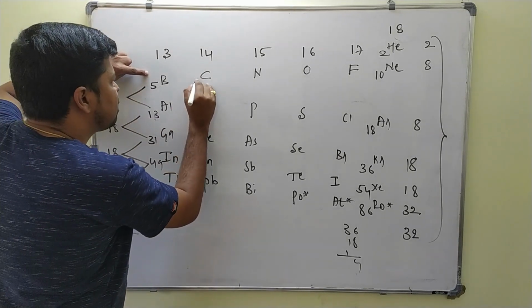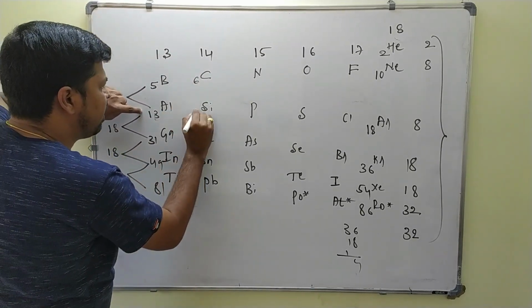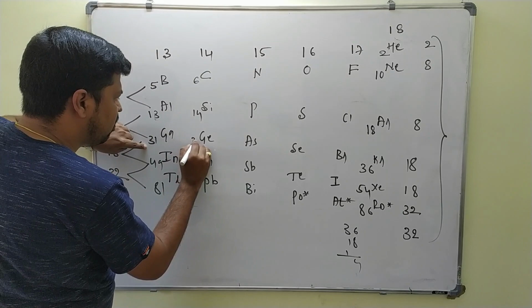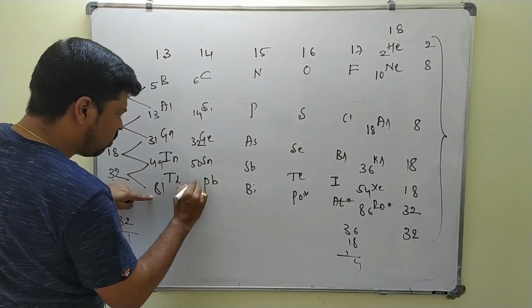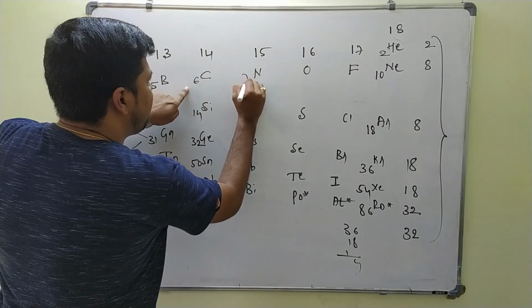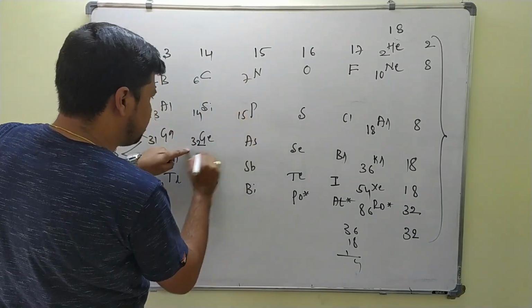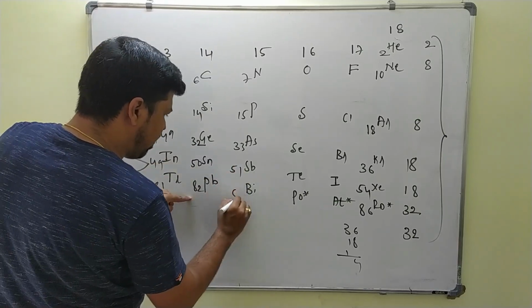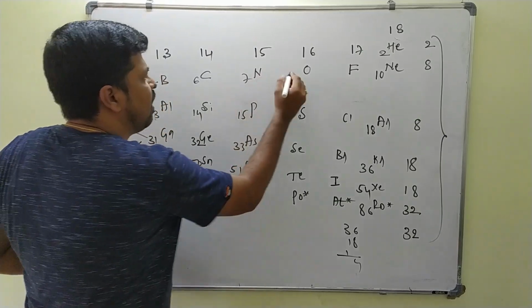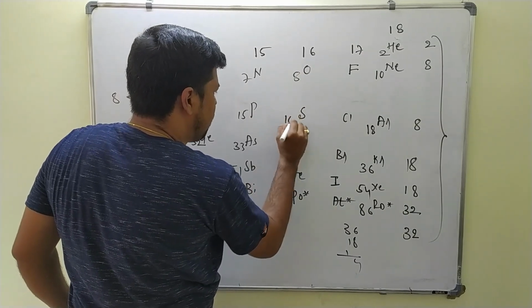This is 5, 6, 13, 14, 31, 32, 49, 50, 81. This is 82. Next this is 7. This is 15. This becomes 33 and this becomes 51 and this becomes 83. Now this is 8. This becomes 16.